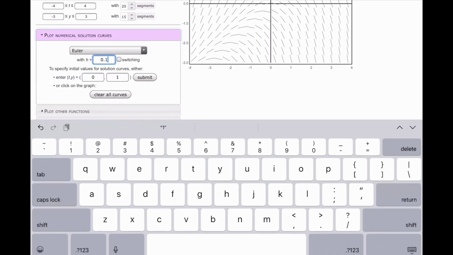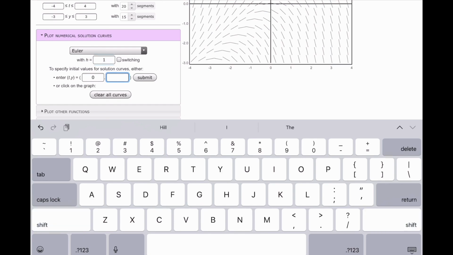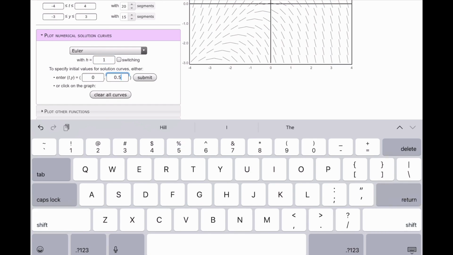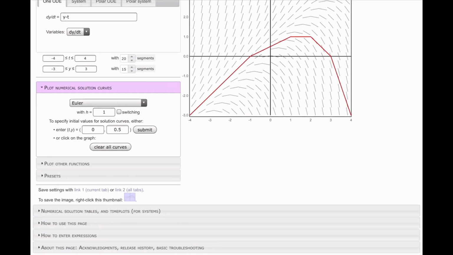This website calls step size h, so I'm going to put that in. The step size is equal to 1, and the initial condition at t equals 0 was y equals 0.5.